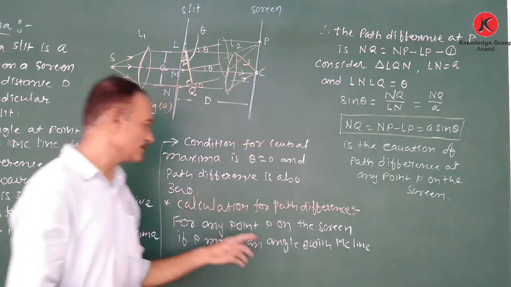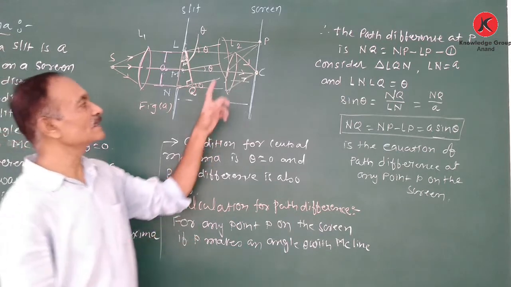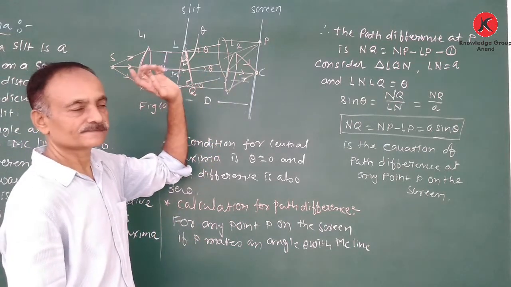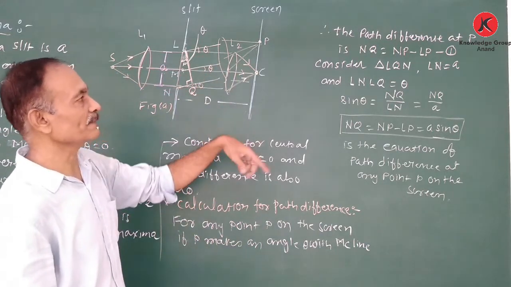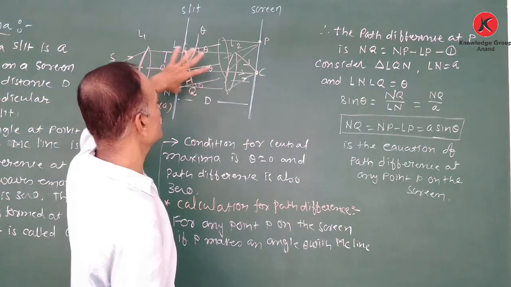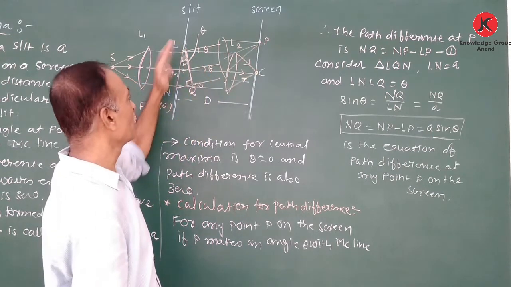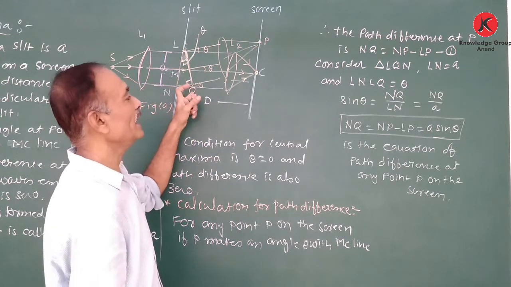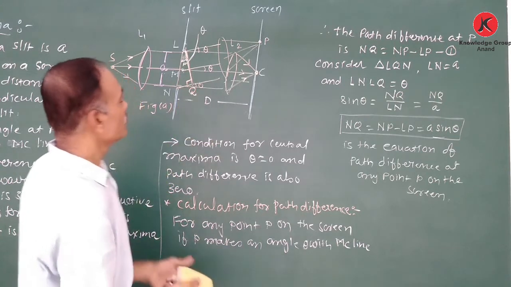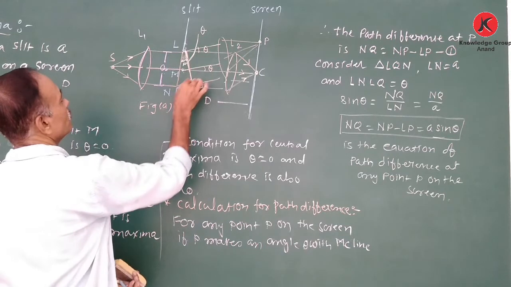For that purpose, we consider any point P on the screen, where P makes the angle theta with the MC line. As a result, the path difference at point P is NQ, equal to NP minus LP, the paths traveled by both waves emanating from L and N. Now we obtain the right angle triangle LQN.